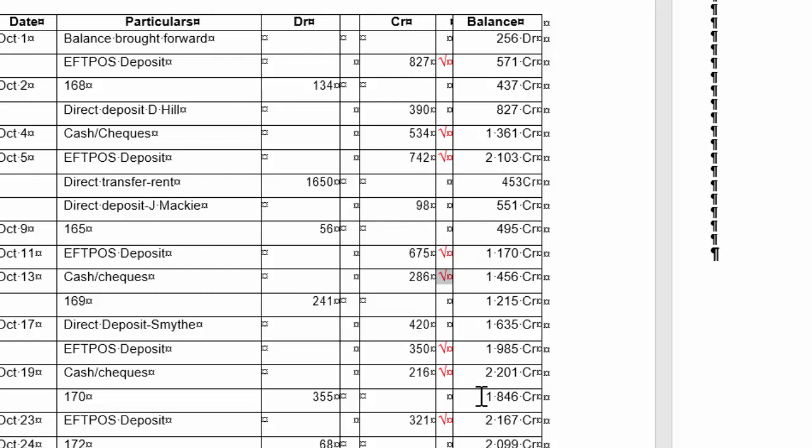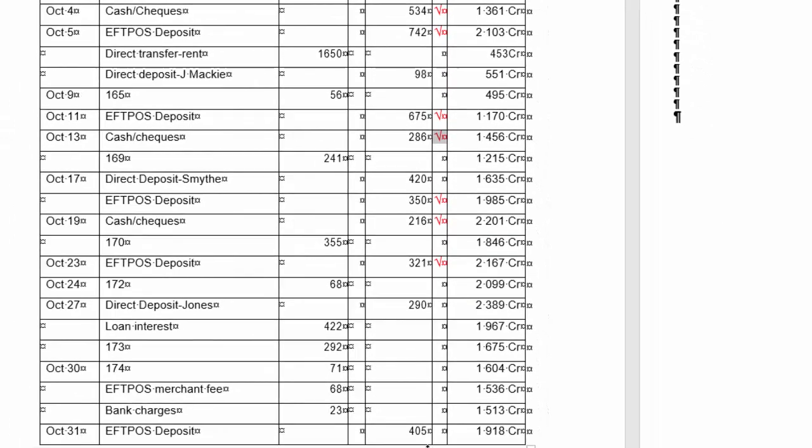So I have to add those items, the 390, the 98, the 420, the 290, the 40, and here we go, the 405, onto the cash receipts journal.